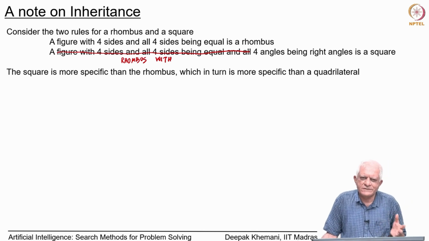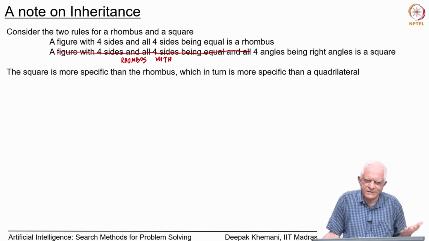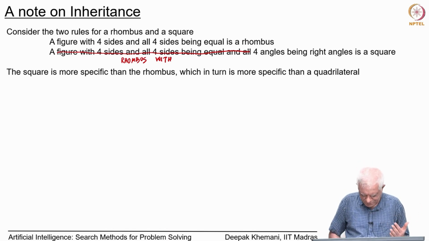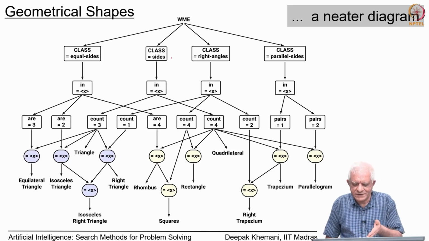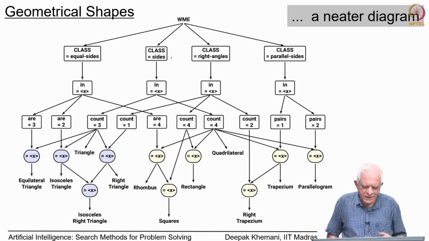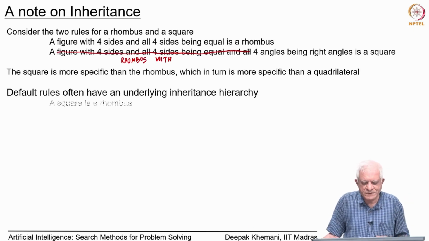But of course, how you describe a shape is dependent on the language that is available to you. In our case, in the rules that we just saw, we had how many sides are equal, how many sides does the shape have, how many right angles are there, how many parallel sides are there. These were the attributes you are looking at, whether something is a rhombus or not essentially.